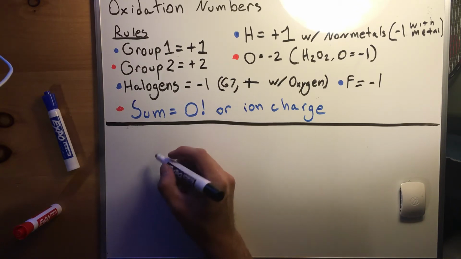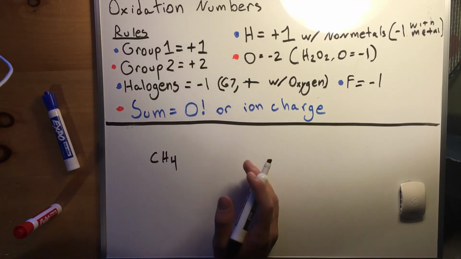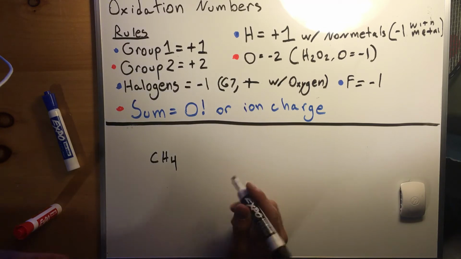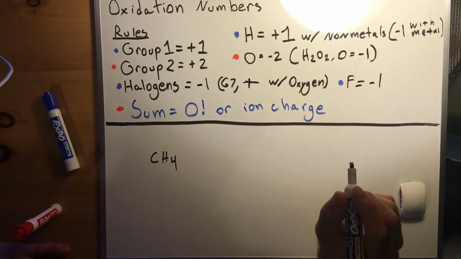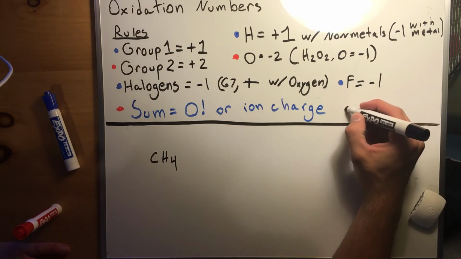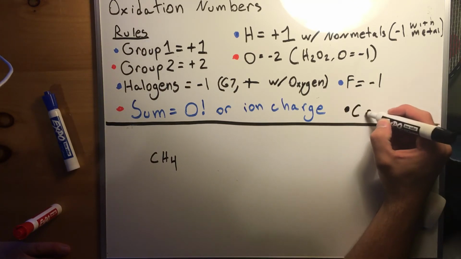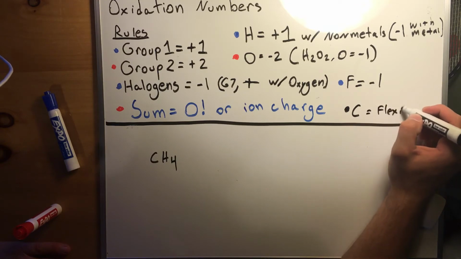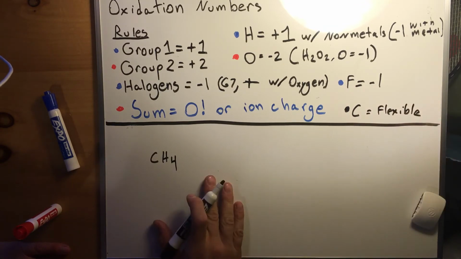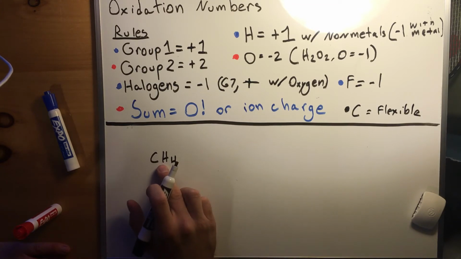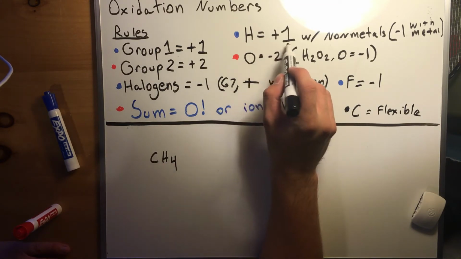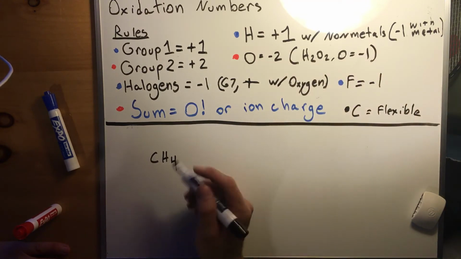First example we'll go through, easy, just CH4. I'll try to do mostly organic chemistry type examples, but let's look at our rules. Before we do this, one other rule, it's not really a rule, but carbon is flexible. So in this one here, what's our first rule? Hydrogen. Well, we know hydrogen, boom, +1 with non-metals. Carbon's a non-metal.